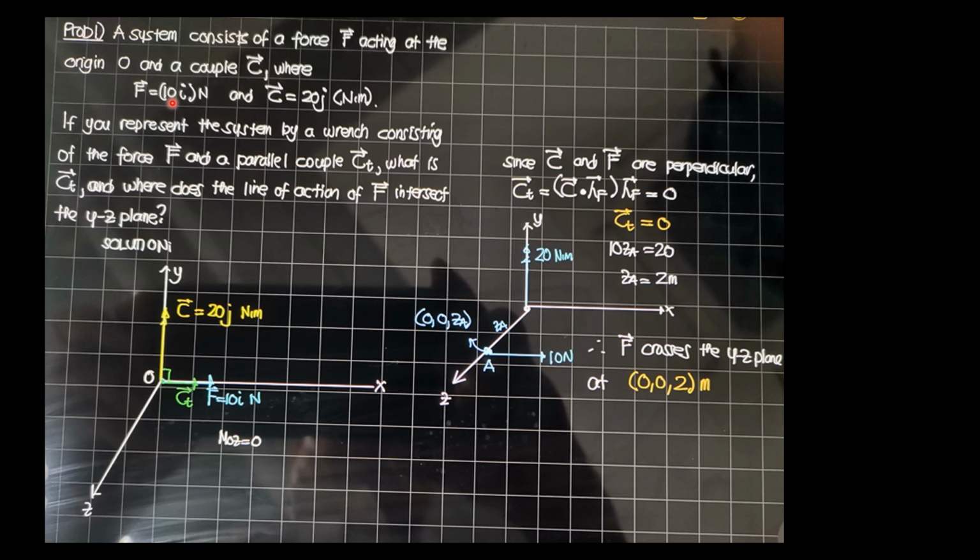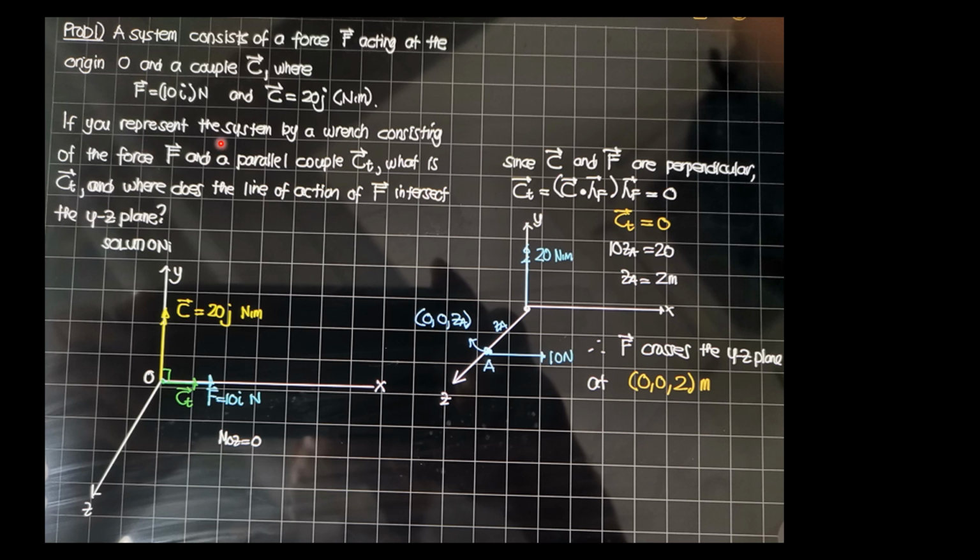So take note that the force and this couple are perpendicular to each other because this is in the direction of the positive y-axis, and this is in the direction of the positive x-axis. So therefore, there's no component of this resultant couple in the direction of the force, so there's no wrench involved.